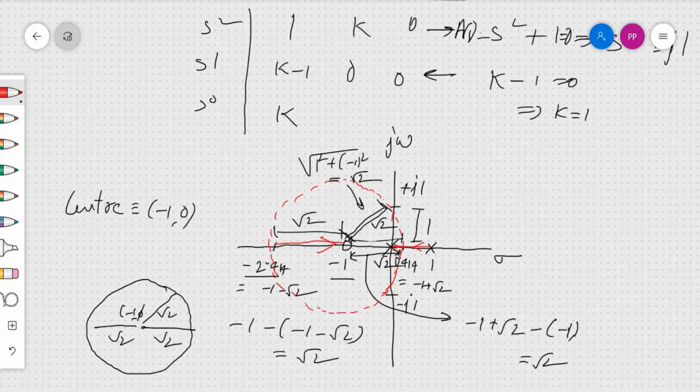So from here it will emerge and it is emerging like this, and so there are 2 poles. So there should be 1 zero and 1 root locus branch terminating at infinity. So this will terminate at k tends to infinity.